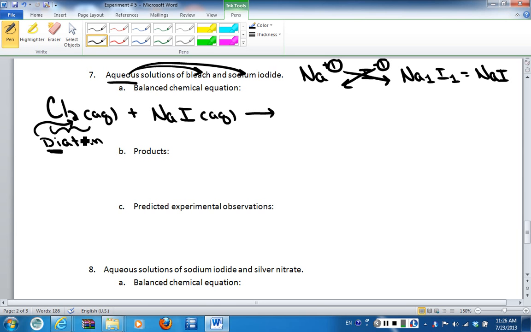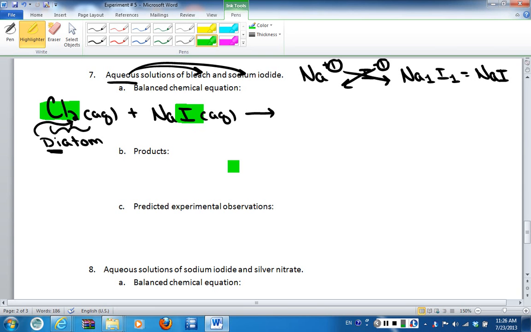So we can't treat this as we've done the other problems where we swap a cation for the other cation and anion for the other anion, because we don't have 2 ionic compounds in this particular problem. So generally what's going to happen here is that the nonmetal of the diatom, in this case Cl, is going to switch with the nonmetal of the other compound.